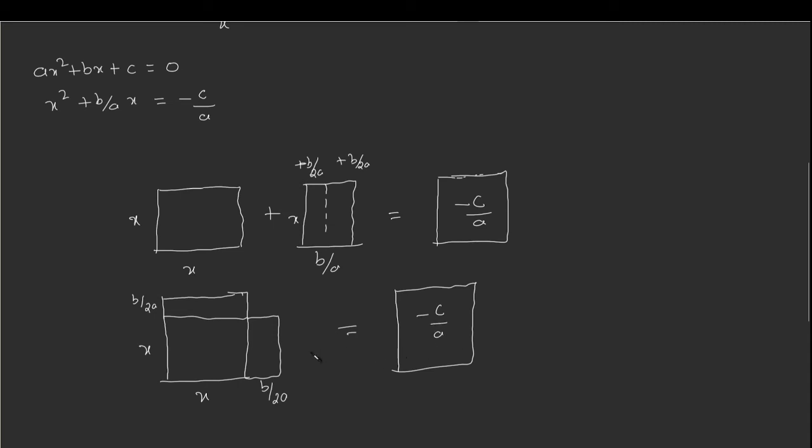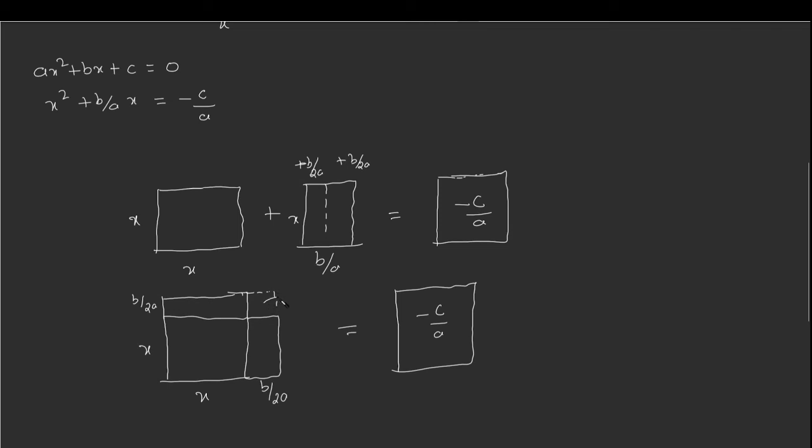Okay. Now I will complete the square. To complete the square, I need to fill this part, right? Then it will complete the square. So what is the quantity of this? This is b by 2a into b by 2a, that is b square by 4a square, right?